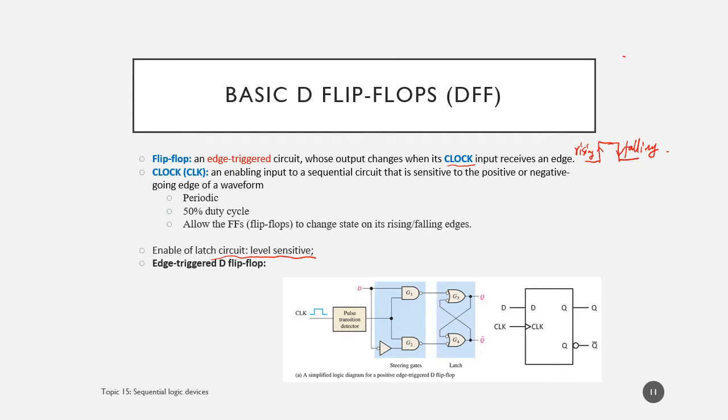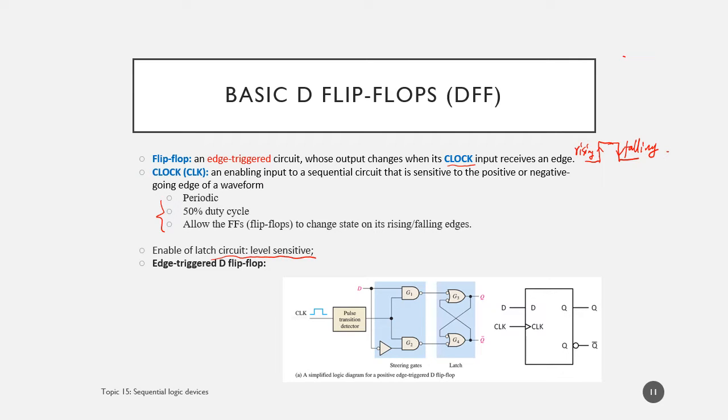And talking about the clock, it's basically just the enable input for flip-flops. But it's special in a few ways. First, the clock is periodic, but the enable doesn't need to be periodic.